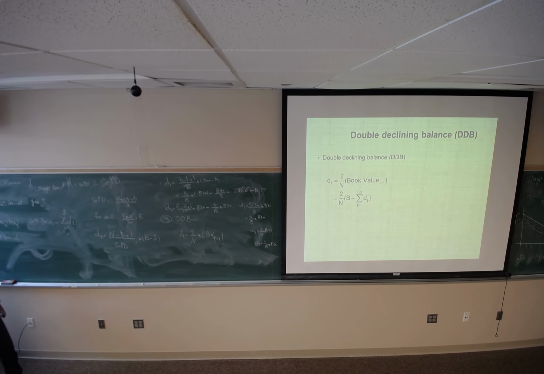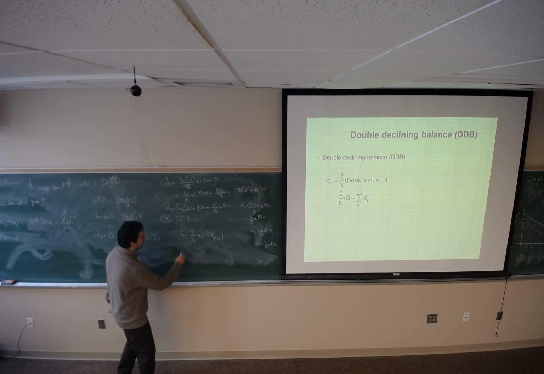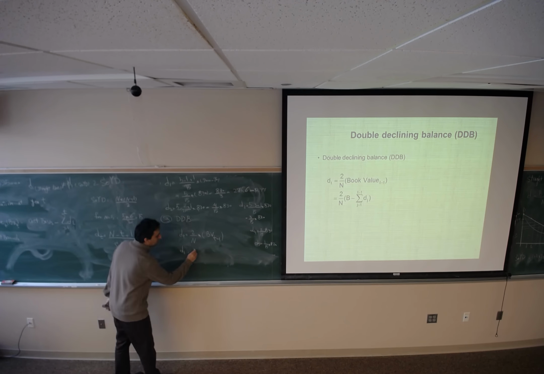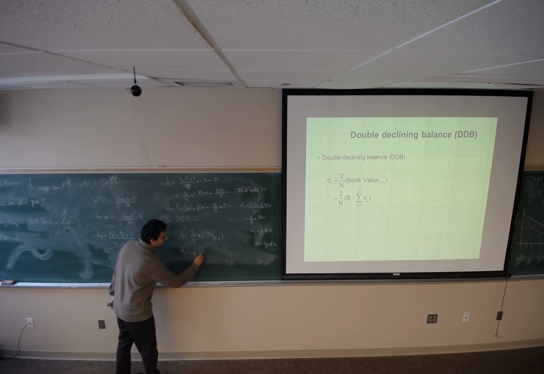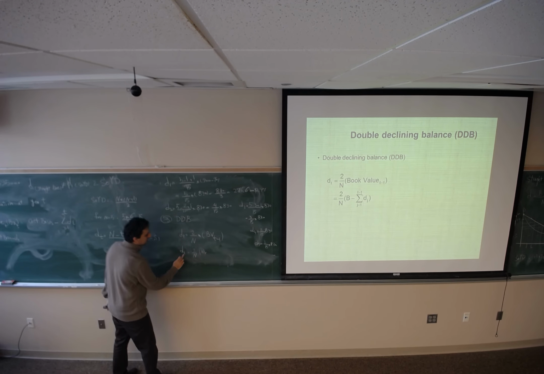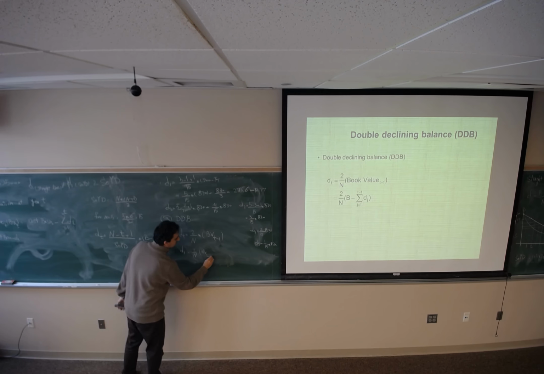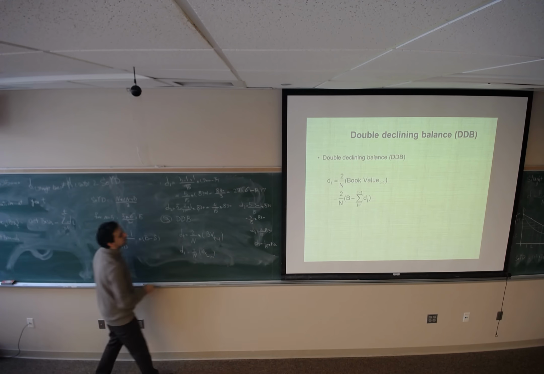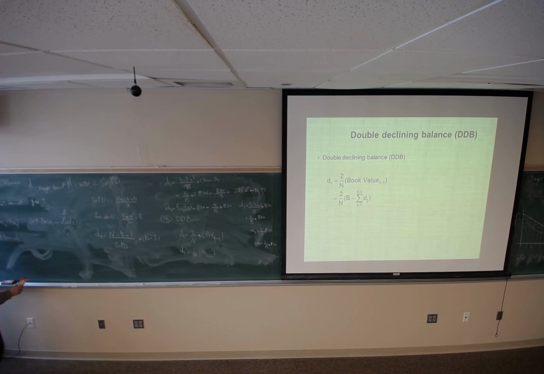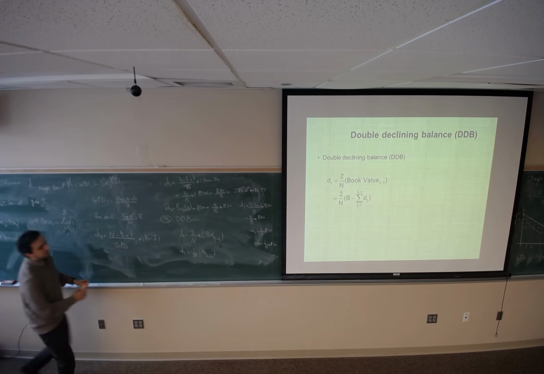It's simple. So D1 would be 2 divided by n times the book value at t minus 1, which is 0. Book value at time 0 means the cost basis, whatever is the B.